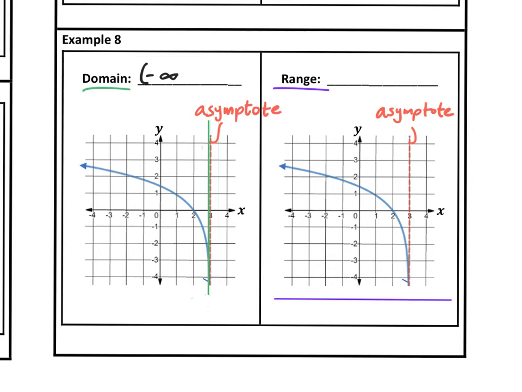So I'm going to put comma 3. But should I put a bracket or parentheses after 3? And since it's an asymptote, it's a boundary that this blue graph will never touch, this red boundary.